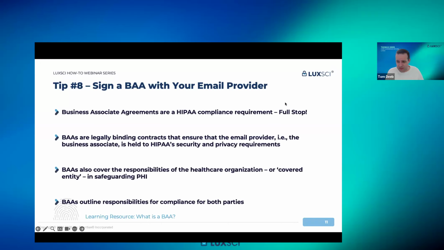Without one, it's not compliant, even if it's the most secure Fort Knox type solution that you can possibly find. Without a BAA and without that BAA in your files, you're out of compliance.